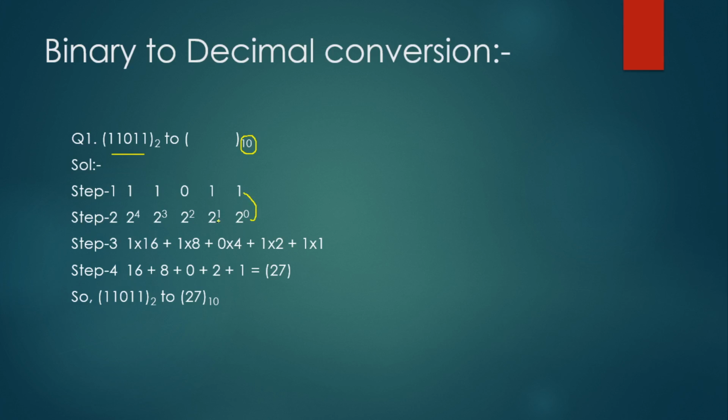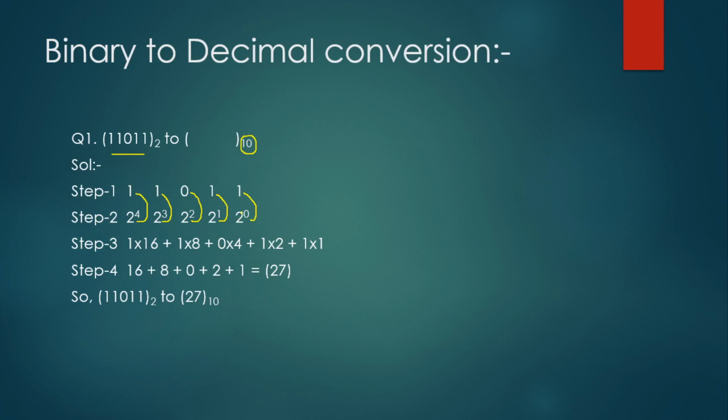Next we have written 2 raised to power 1, which is the positional weight of this 1. 2 raised to power 2 is the positional weight of this 0. 2 raised to power 3 is the positional weight of this 1, and 2 raised to power 4 is the positional weight of this 1.